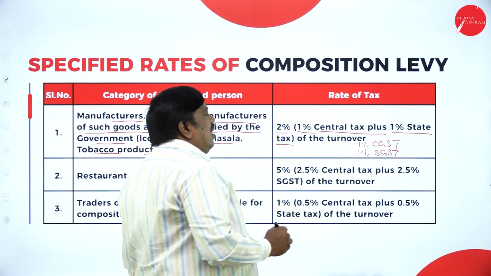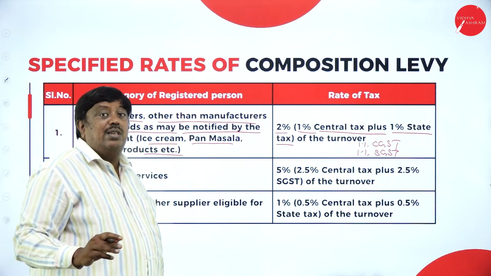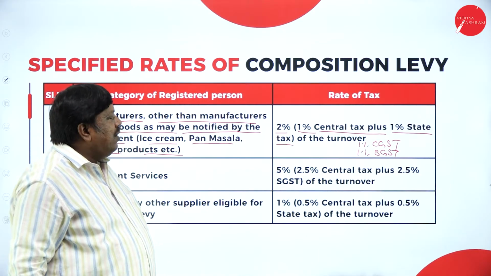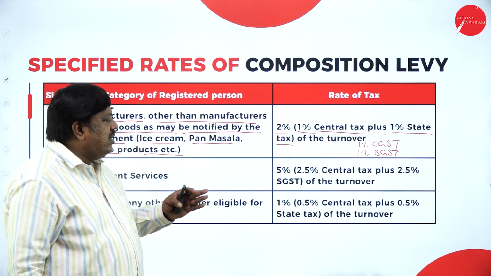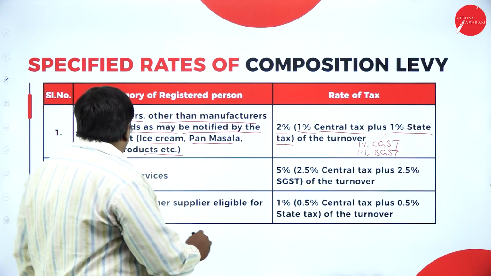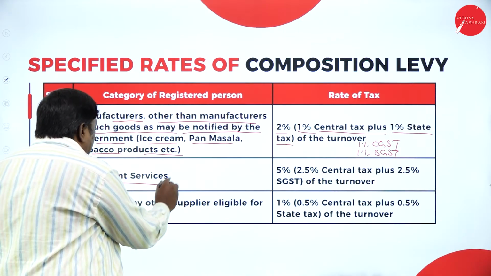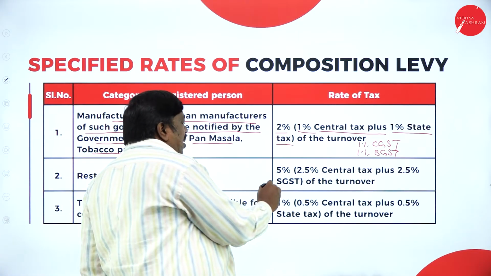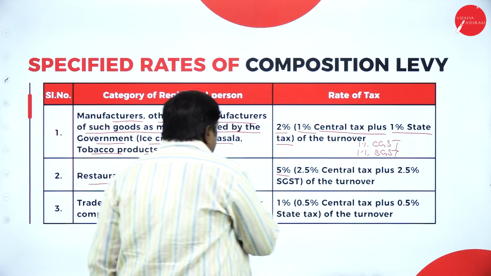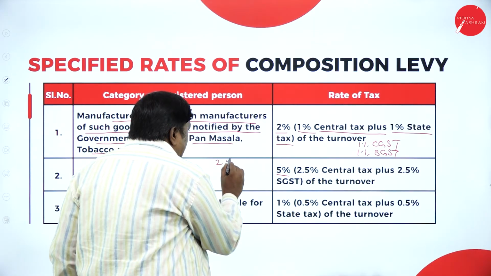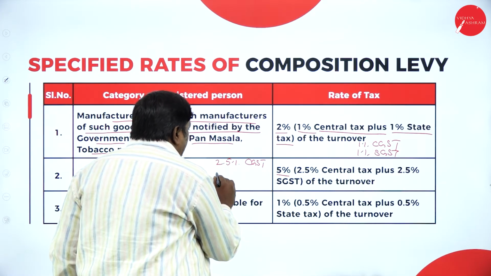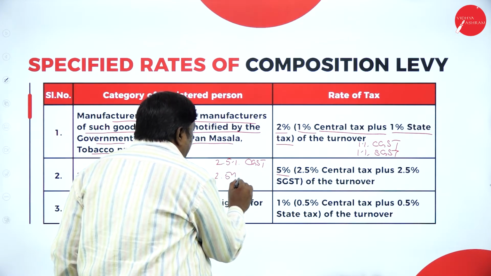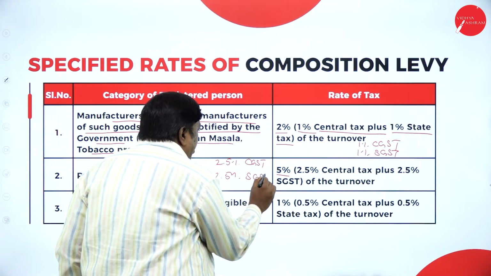So of the total turnover, 1% will be CGST and 1% SGST. Next, for restaurant services, it is 5%. In this 5%, 2.5% will be CGST and 2.5% will be SGST.